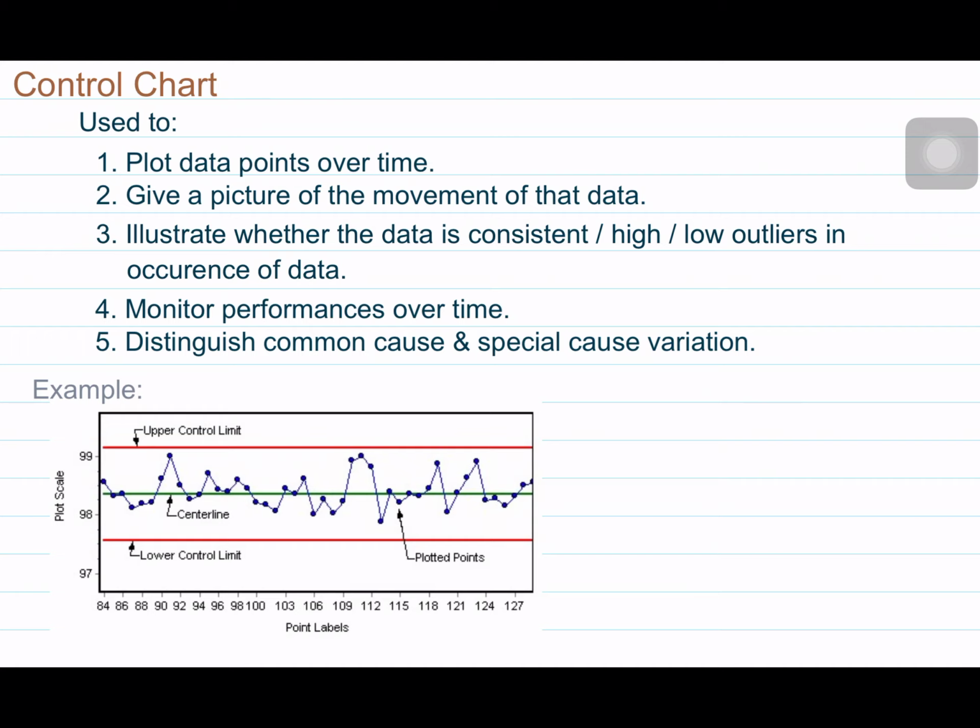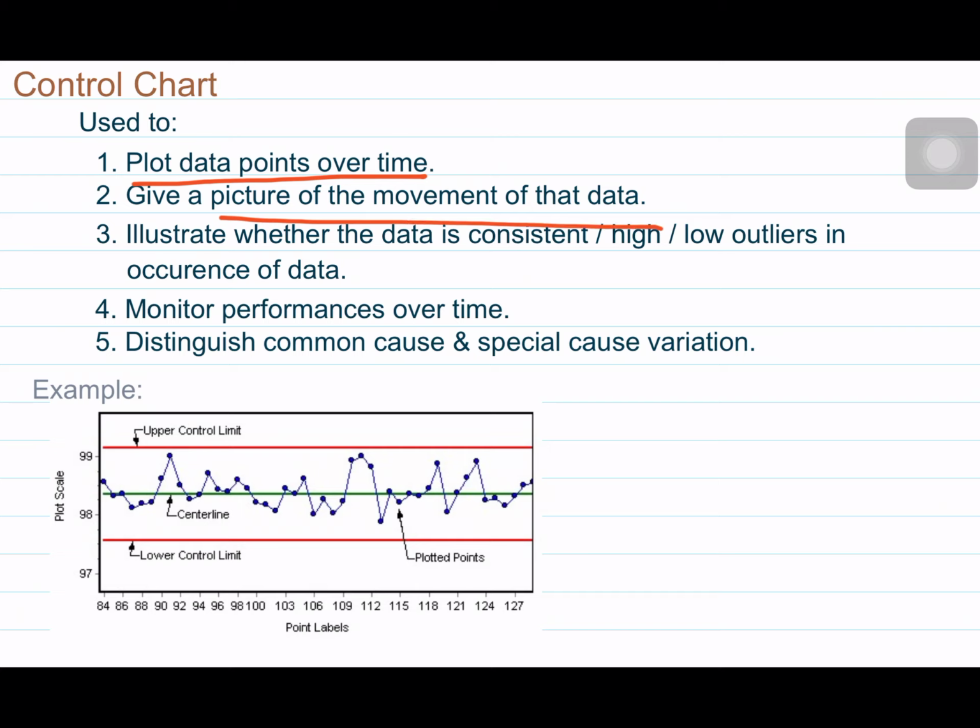This is the last tool in the 7QC, which is the control chart. A control chart can also be known as the run chart. It is used to plot the data points over time, and it will give a picture of the movement of that data.